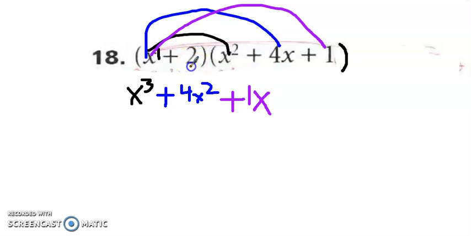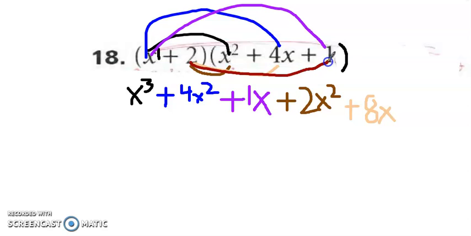I'm going to multiply the 2 times the x squared and get 2x squared. Then I'm going to distribute the 2 to the 4x. 2 times 4 is 8, so we're going to end up with plus 8x here. Then finally I'm going to multiply 2 times 1, which is 2.